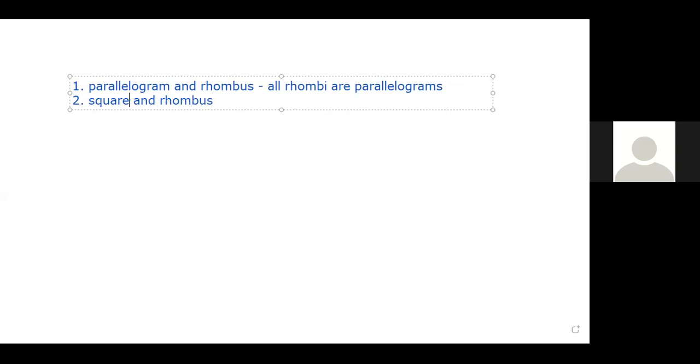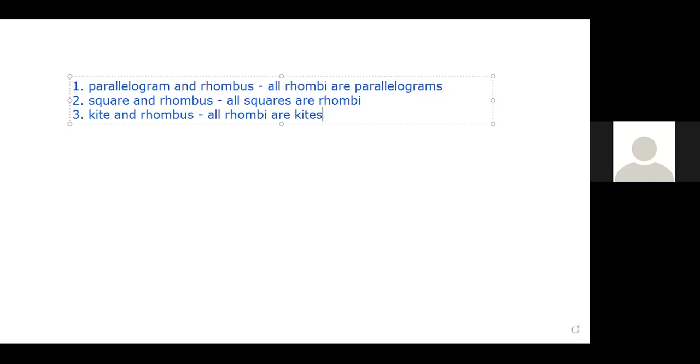There also, all squares are rhombi. Third was kite and rhombus. Now again, all rhombi are kites. So in each of these situations, you see a set-subset kind of situation. Let me just draw to illustrate that.